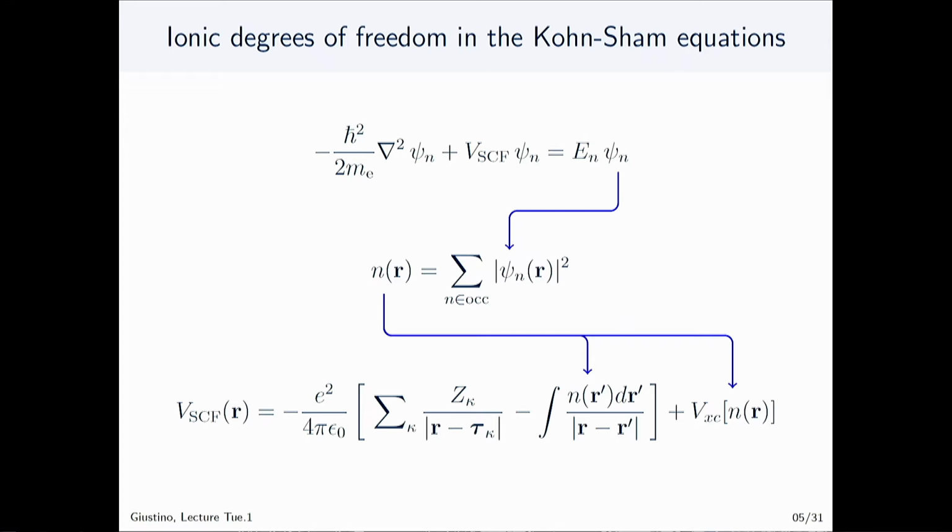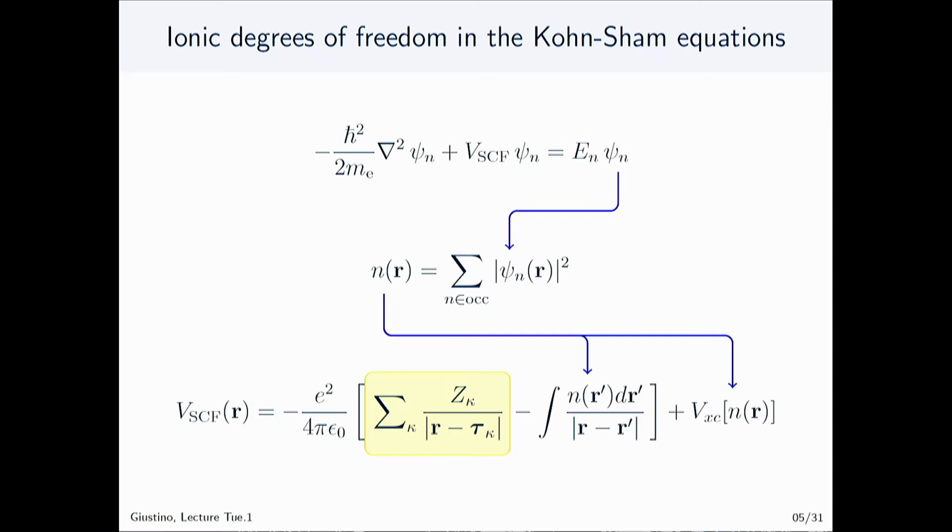So the point is that if we don't know anything, we would say that the only dependence on the positions of nuclei is here. But if you look at this expression, you realize that actually this goes back into the self-consistent equation, and therefore at the next step, the solution will embed some dependence on the coordinates in the wave functions and in the energies. So really the entire problem is dependent on the nuclear position, so both energies and wave functions and then charge density.